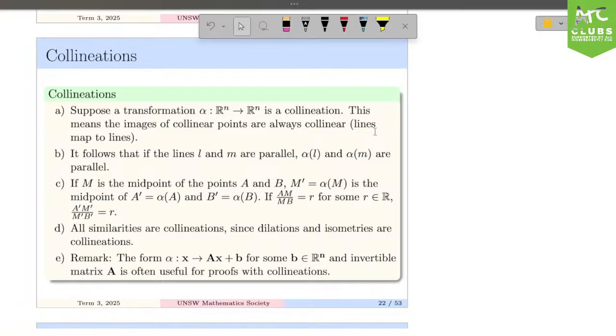If there is a midpoint, R is equal to a half, but we can also think of it as: if R is a quarter here, R will also be a quarter here.